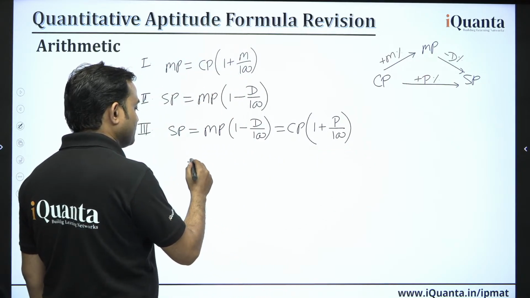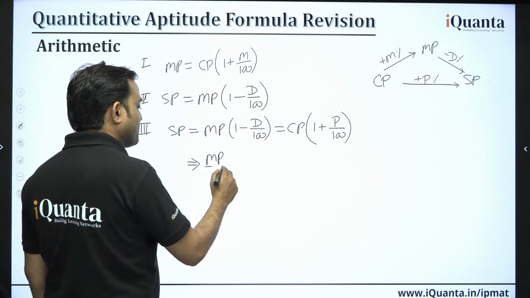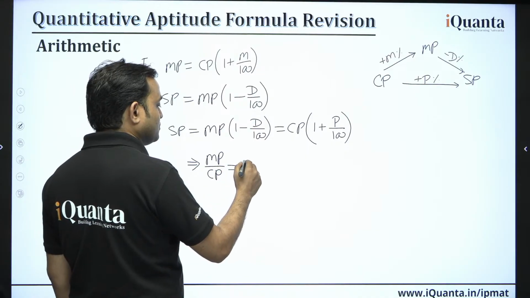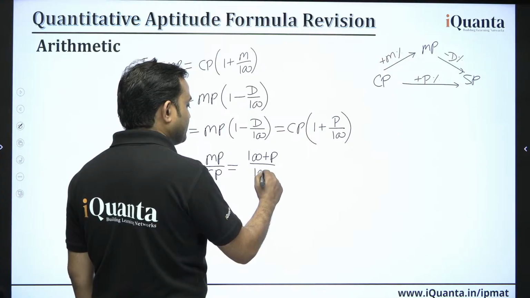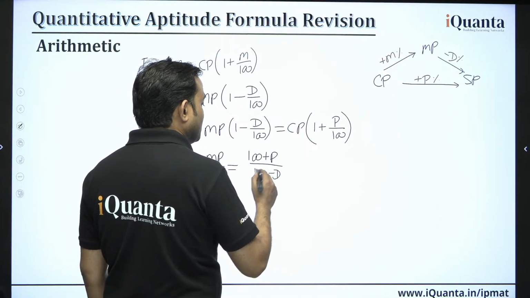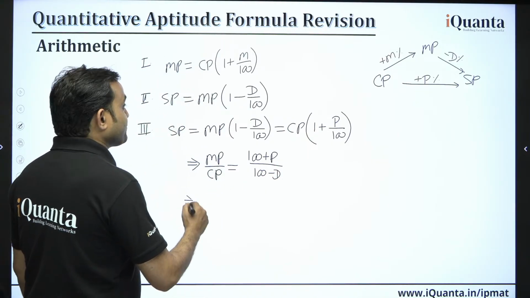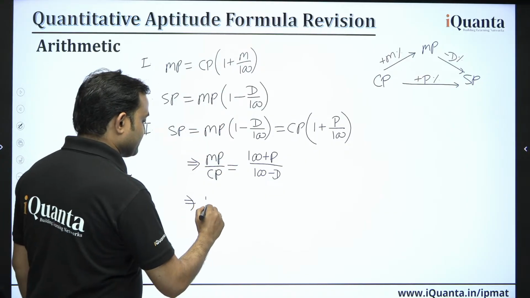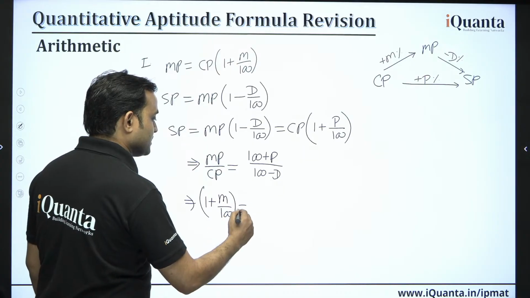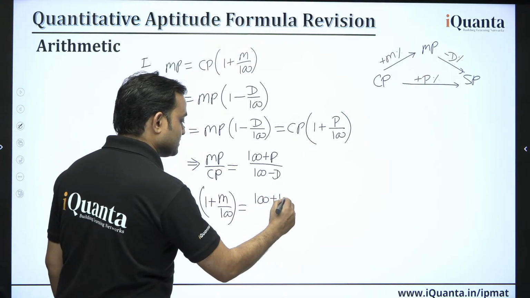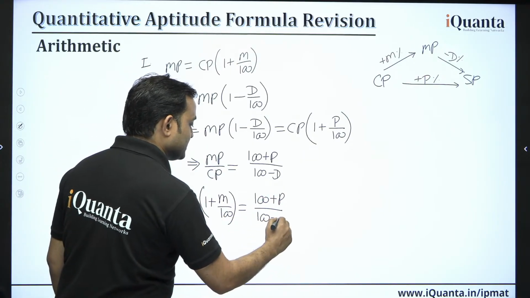So, from there we can say MP upon CP is equal to 100 plus P divided by 100 minus D. Then again MP upon CP, what will be MP upon CP? It will be 1 plus M by 100. This will be equal to 100 plus P divided by 100 minus D.